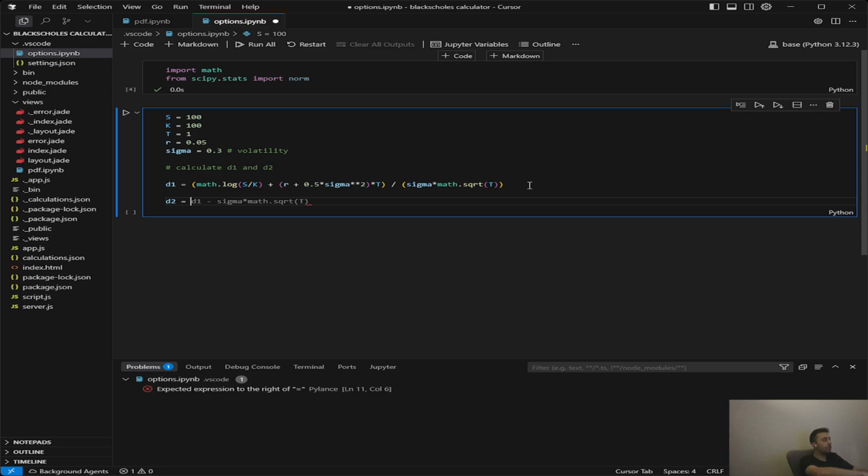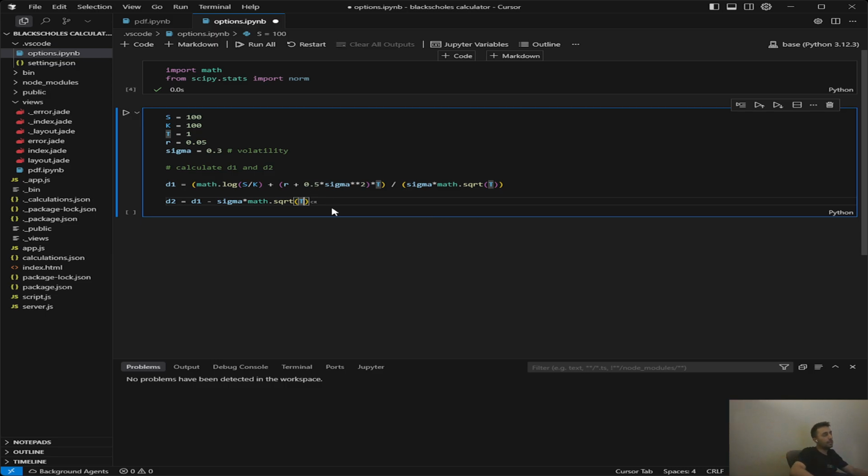Then we have d2, which is d1 minus sigma times the square root of T. If you know the mathematical formulas, you should understand easily.